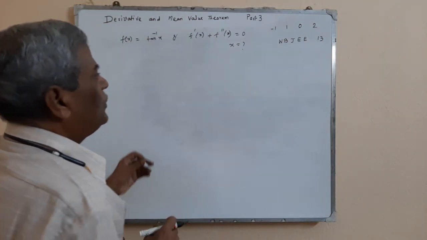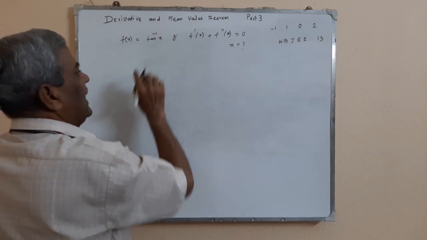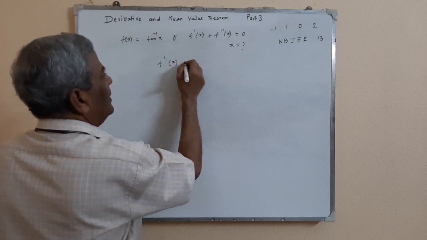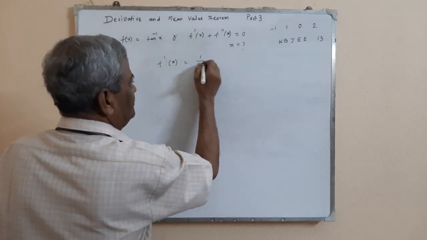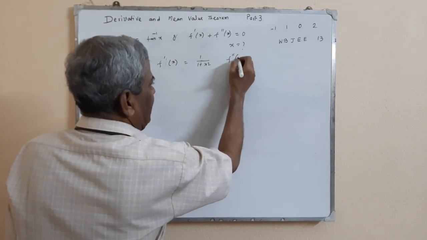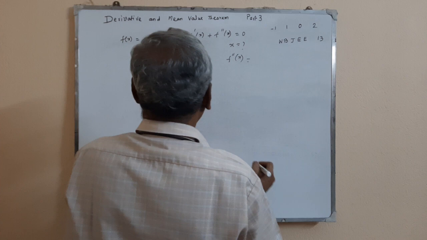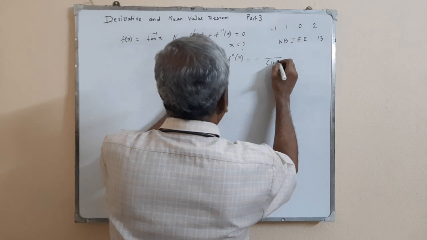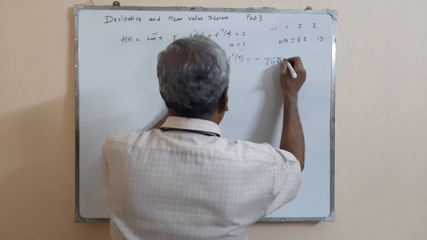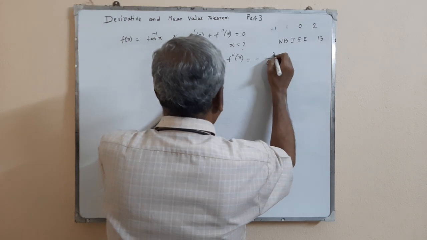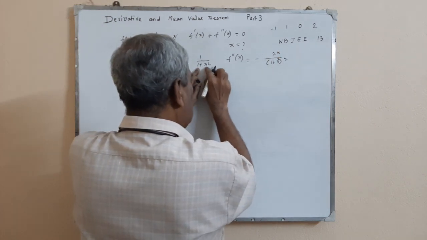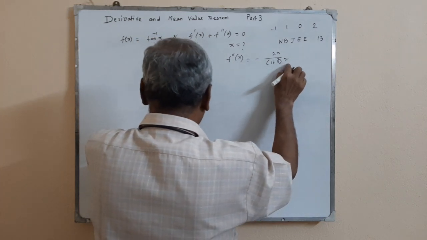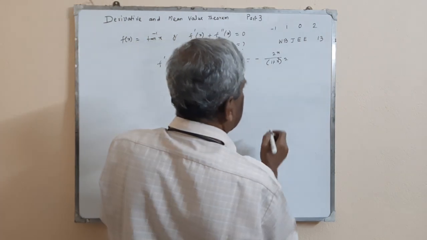So now this is also a very simple problem. f(x) is that, so f dash x is 1 upon 1 plus x square. f double dash x is equal to the derivative of that, so minus 1 by 1 plus x square whole square into 2x. It is this to the power minus 1, its derivative is minus 1 into this to the power minus 2, and the derivative of this is 2x.